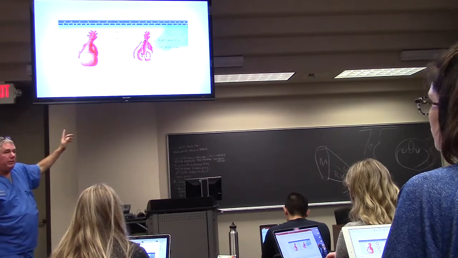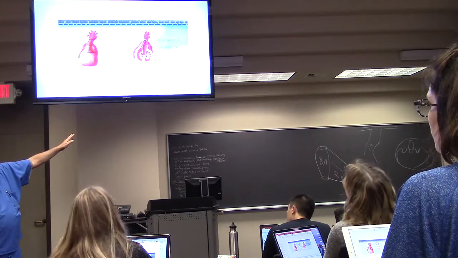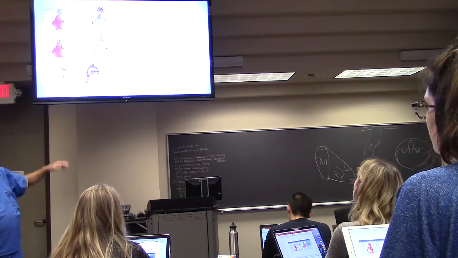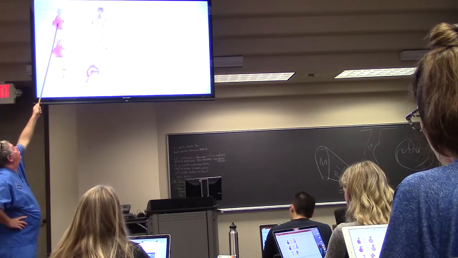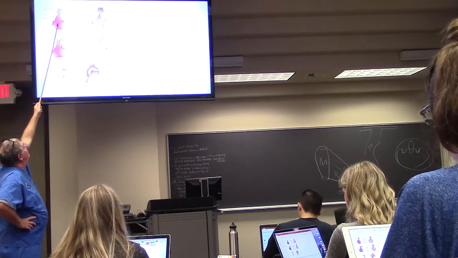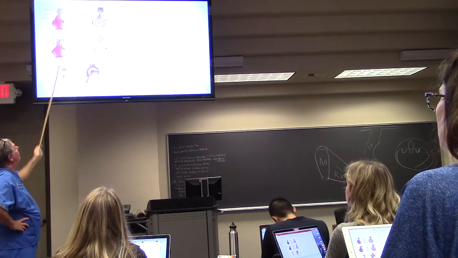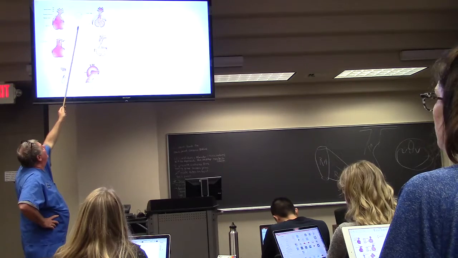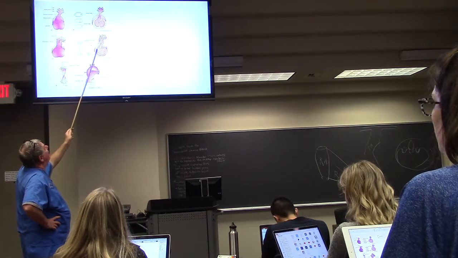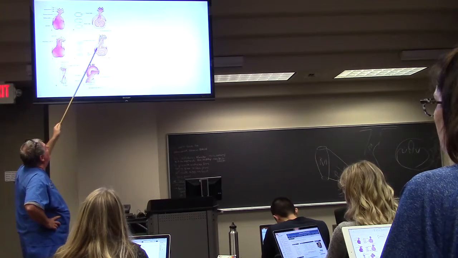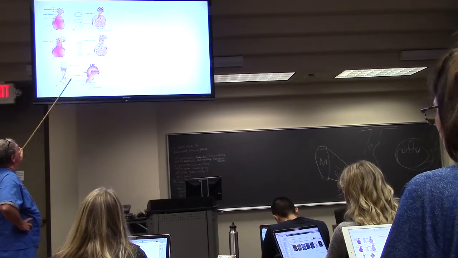I put a bunch of these pictures in here because it's a difficult concept, and whatever floats your boat will help you to understand it. Maybe one of these pictures will. What happens is we've got that one truncus arteriosus, but we've got to get two out of it. So you get the two ridges that form all the way across, and then they spiral and separate. And this is what you're left with down here.